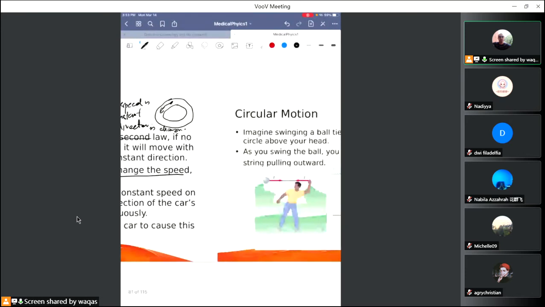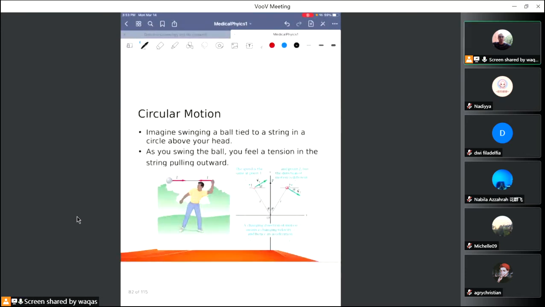For example, there is a person who has a string, and this is a small ball, and he wants to rotate this ball around his head. This is a small diagram where you can look at the ball he wants to rotate.